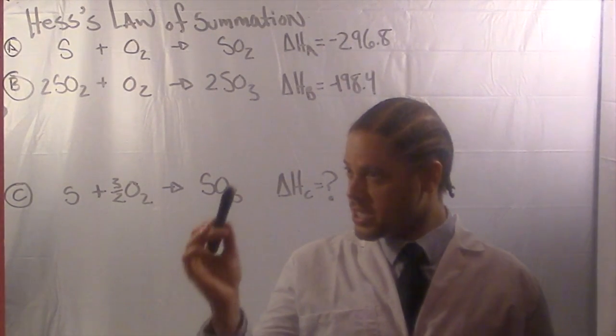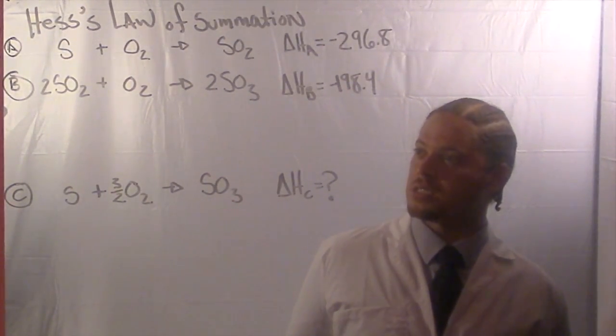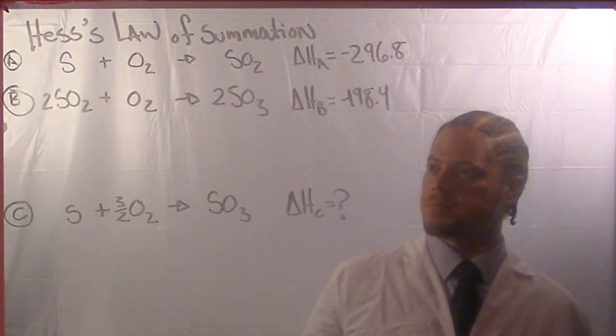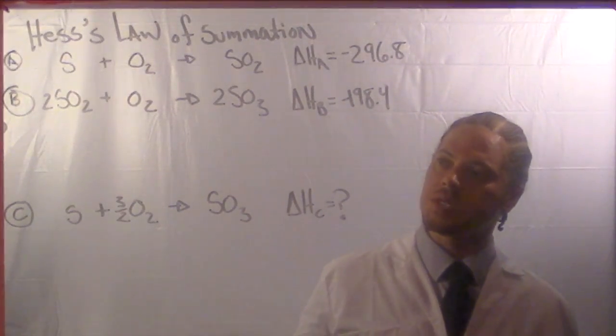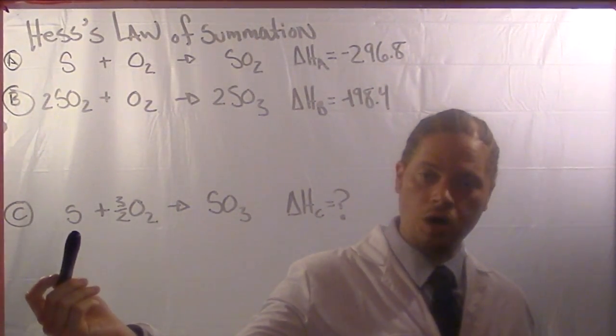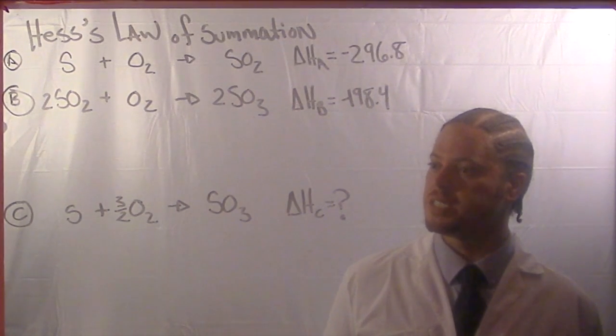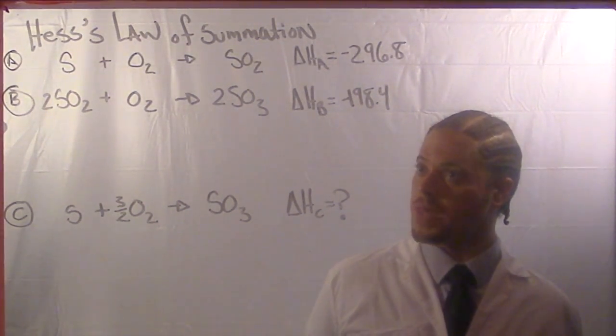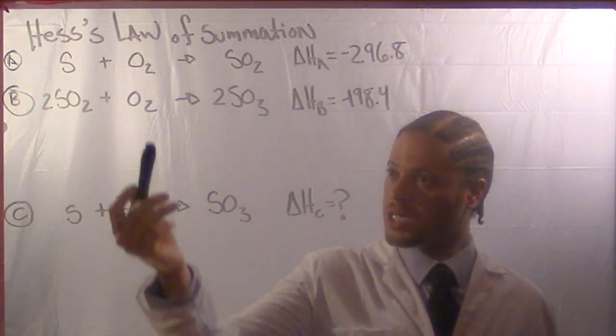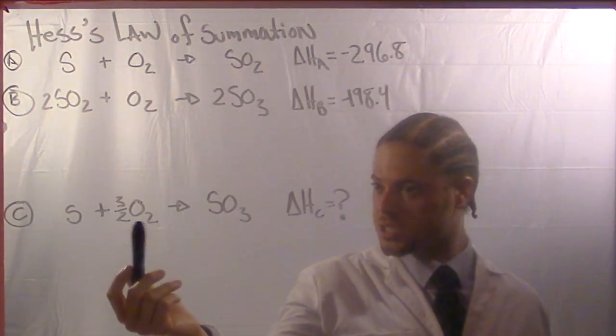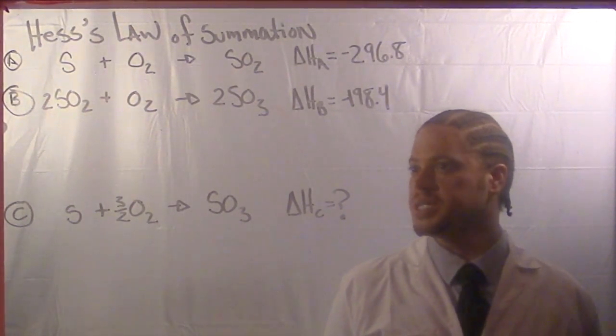So let's have a look at reaction A. Reaction A has sulfur in the reagents, and our target reaction has sulfur in the reagents. So that looks pretty good. I also got O2 in the reagents, but I've got 3/2 in the target.